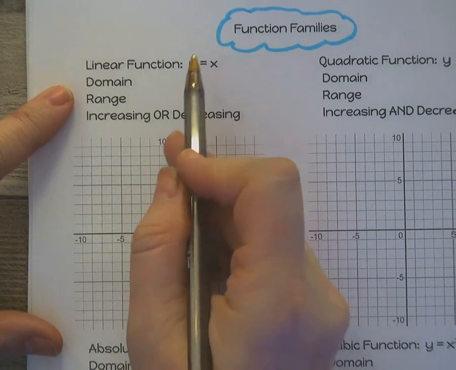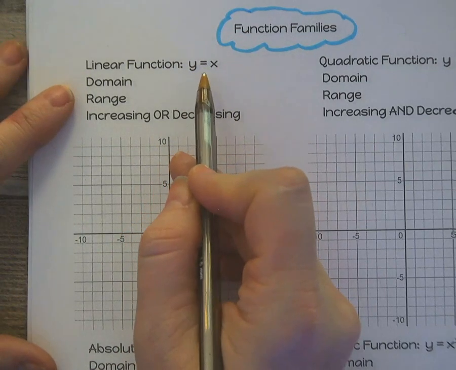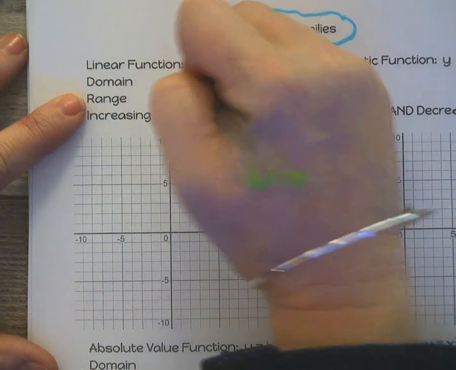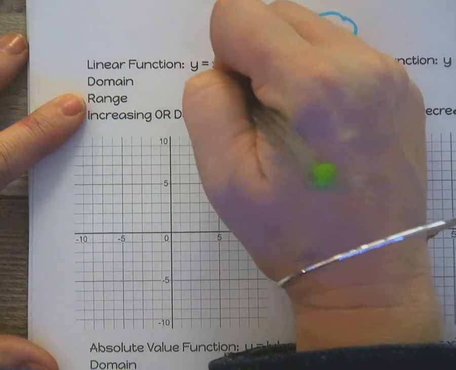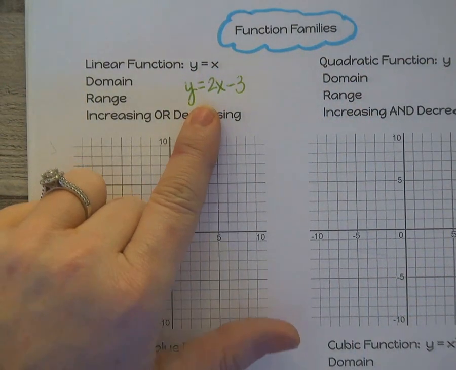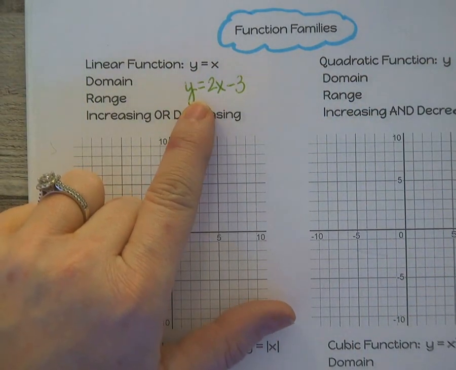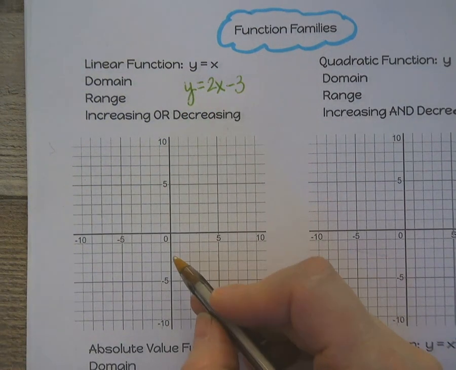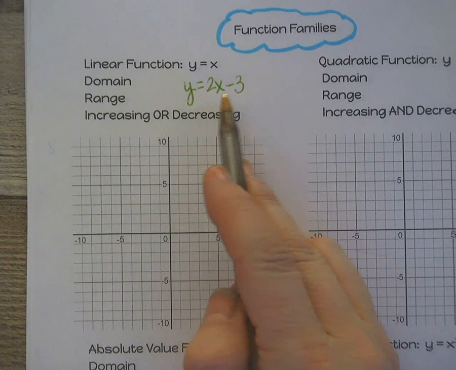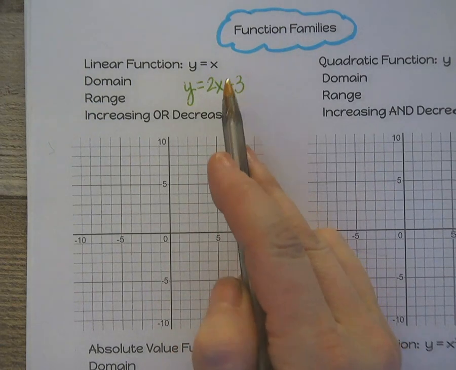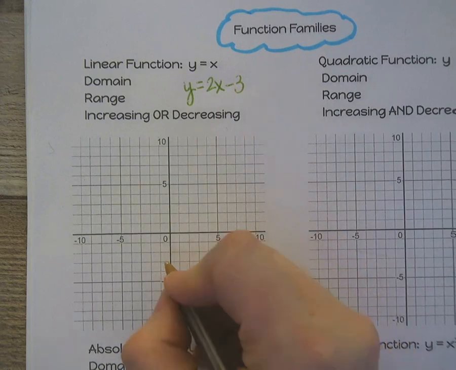The most basic form of a linear function is y equals x. Just to review, I'm going to make this a little trickier because we still have some people struggling with slope-intercept form. I'm going to give you another form of a linear equation, y equals 2x minus 3, and we're going to graph that. The y-intercept is this constant, negative 3.